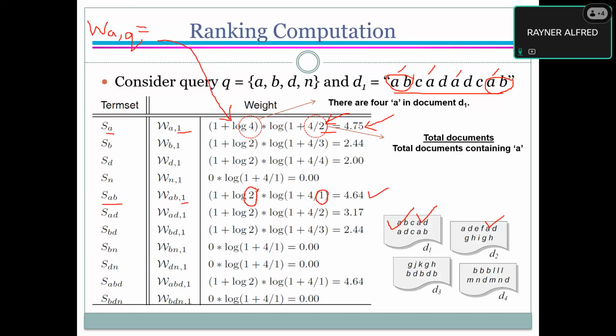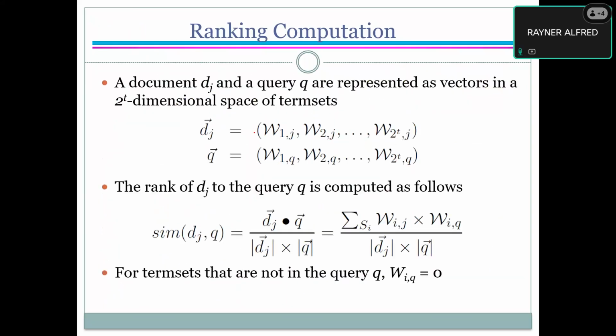This one is still the same, but this one is 1. And similar to this, if we find the weightage of AB in Q, this is only 1 time. So that is the same calculation that we use.